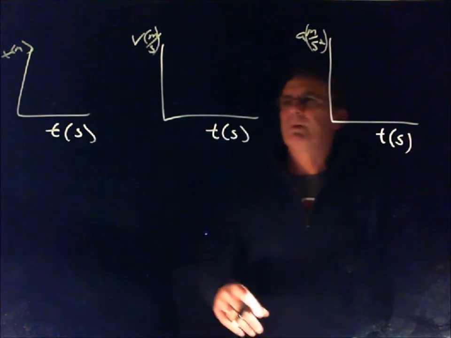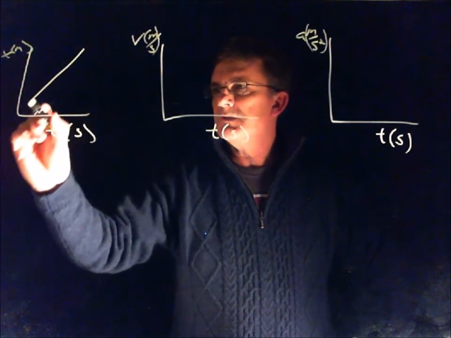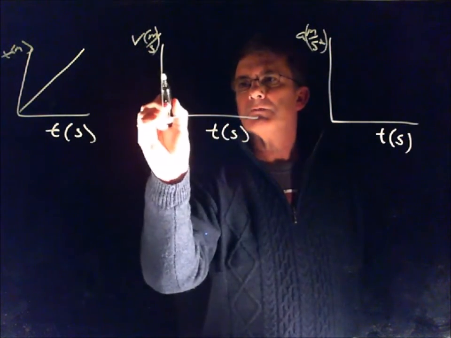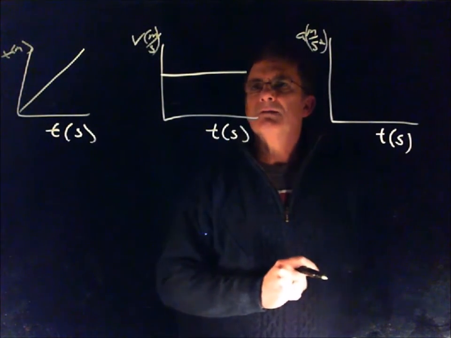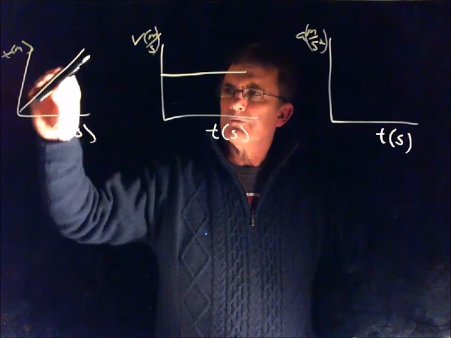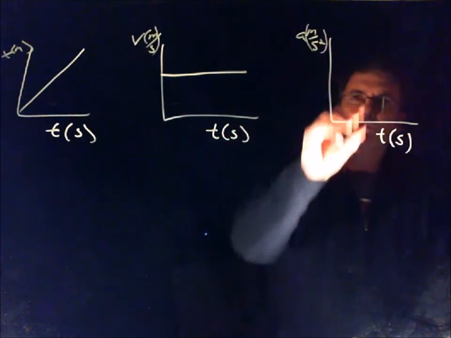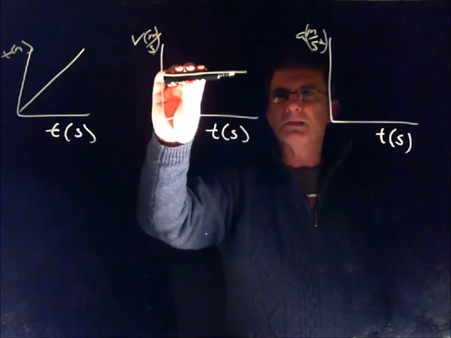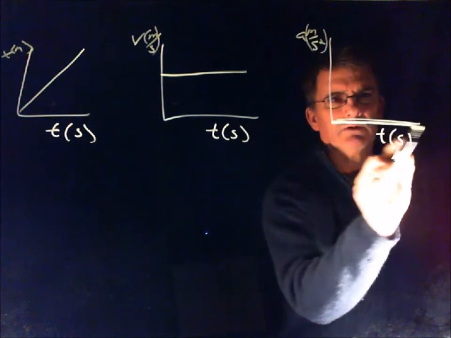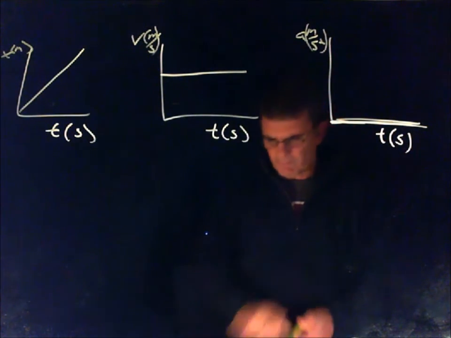There's more graphs than just these few, but it's very common that if you're given a position versus time graph that is a linear line, you're expected to be able to sketch the velocity versus time graph, which is basically plotting the slope of this curve. Since the slope is not changing, I have a horizontal line. For the acceleration versus time, I'm plotting the slope of this curve, which is 0, so you're right along that x-axis there, which is not unusual to get that question.